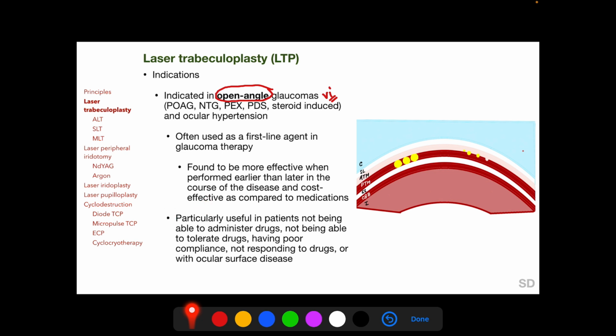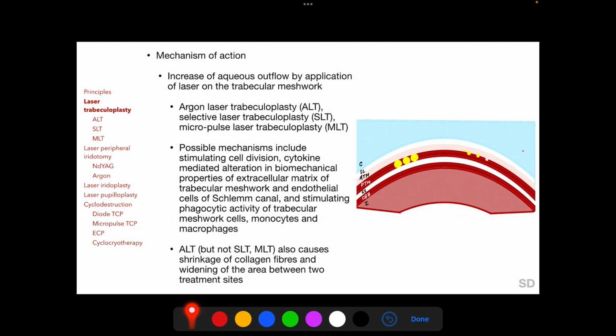Laser trabeculoplasty is also particularly useful in patients not being able to administer the prescribed anti-glaucoma drugs by themselves, not being able to tolerate these drugs, having poor compliance to the therapeutic regimen, not responding to the drugs, or with significant ocular surface disease in whom drops containing preservatives are relatively contraindicated.